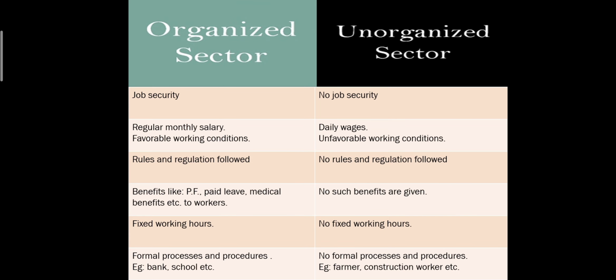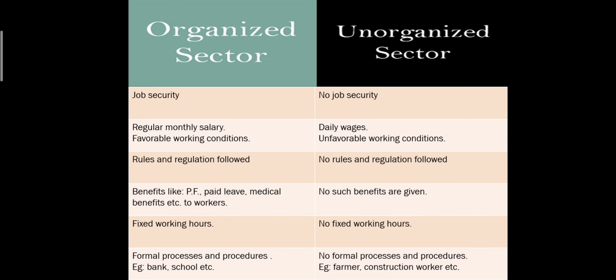The organized sectors are following all the rules and regulations set by the government, whereas no rule is followed by the unorganized sector. You can see that in organized sector, the workers are getting various benefits like provident fund, paid leave, medical benefits, etc. But in unorganized sector, they are not getting any kind of benefits.